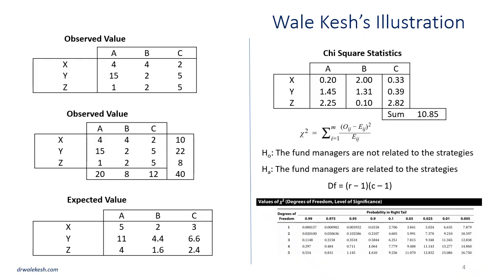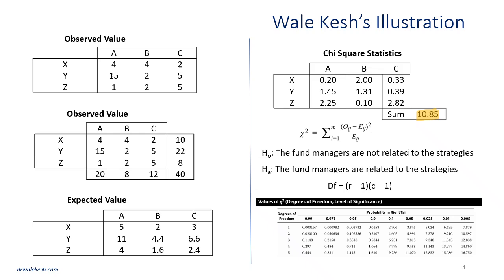So let's imagine our level of significance is at 5%. So we are checking 4 under 5%. This is 4 under 5%. So what we have is 9.488.